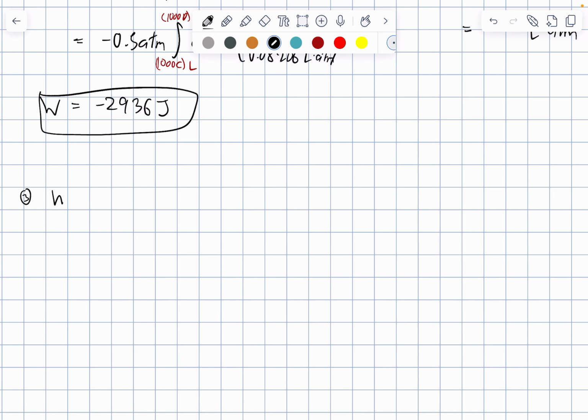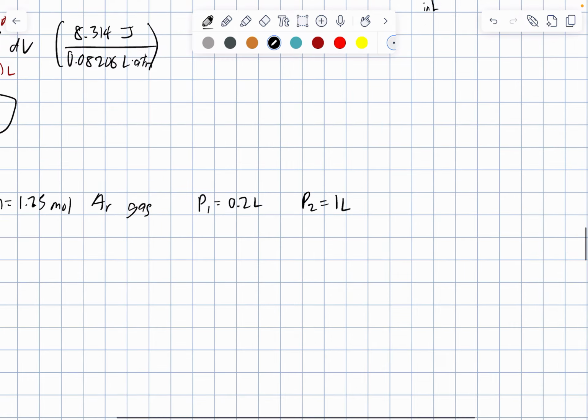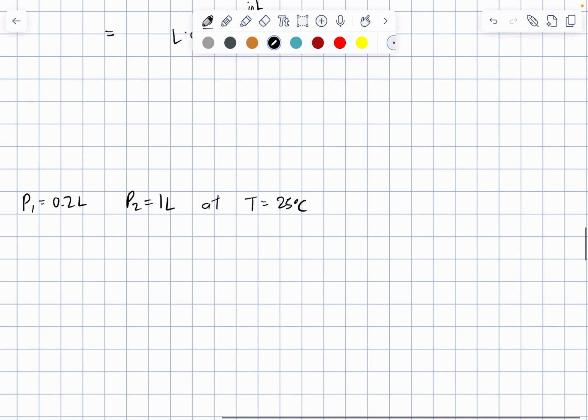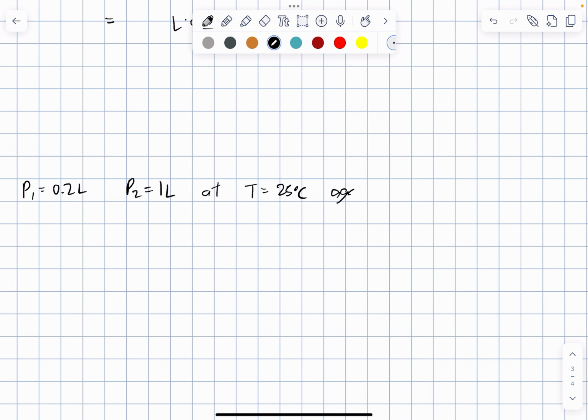So we have to calculate the work done by a sample of 1.25 moles of argon gas that expands from, okay, so V1 is 0.2 liters, V2 is equal to 1 liter at a temperature of 25 degrees Celsius against a variable external pressure.